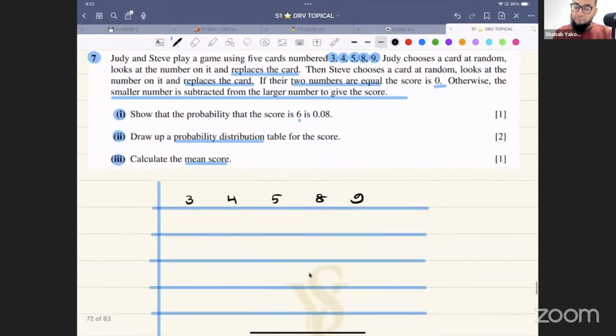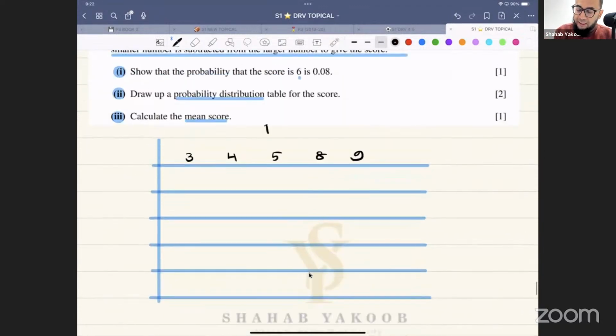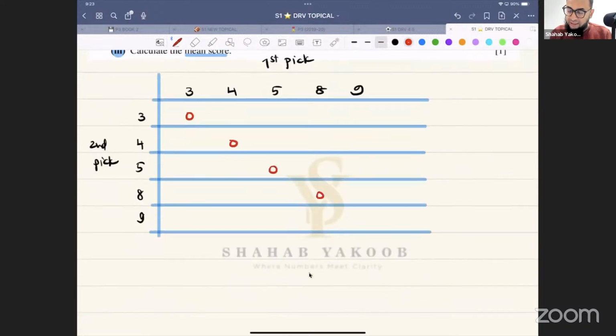They are playing with 5 cards, so 5 into 5, that's 25 possibilities. So this is the first pick, and 3, 4, 5, 8 and 9. This is the second pick. So now if the numbers are equal, we get a 0. So 3 and 3 is 0, 4 and 4 is 0, 5 and 5 is 0, 8 and 8 is 0, 9 and 9 is 0.